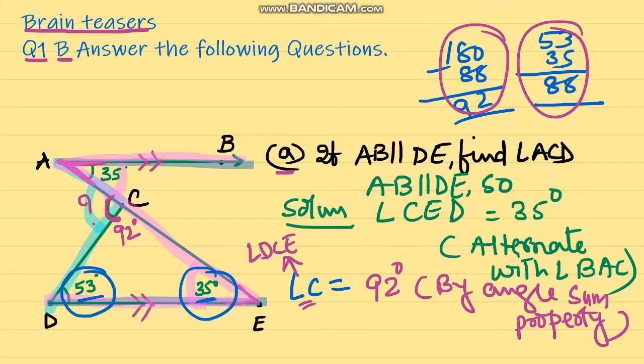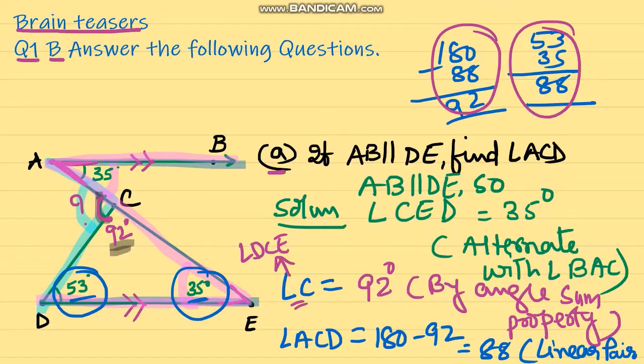They are forming linear pairs. So simply this angle, that is angle C, will be equal to 180 minus 92. So angle ACD will be again 180 minus 92 and that will be equal to 88. So angle ACD will be equal to how much? 88 degrees. So here the value will be equal to 88 degree.